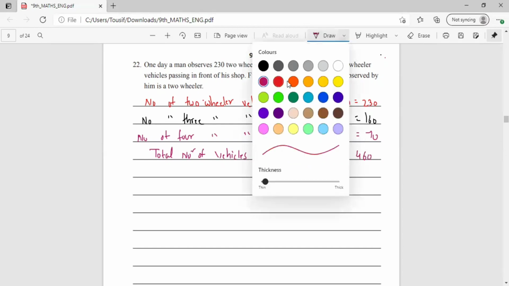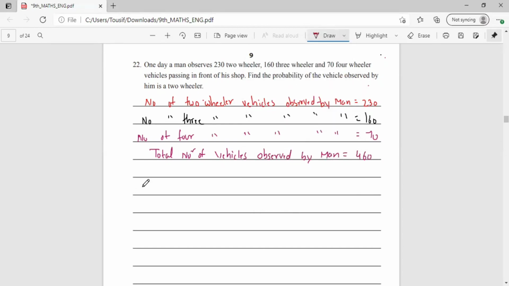Okay, so let us find out now the probability. First, let us write down the formula. Probability of the vehicle observed by a man is a two-wheeler.